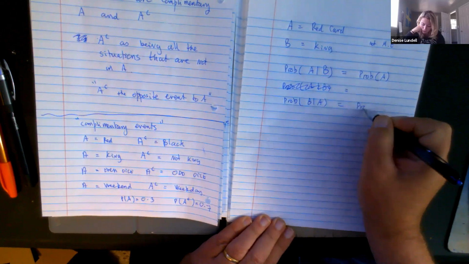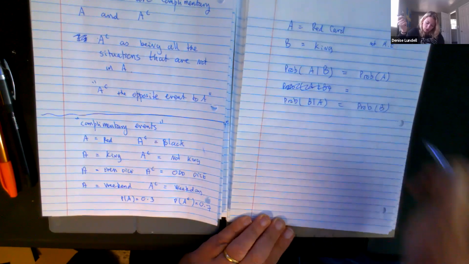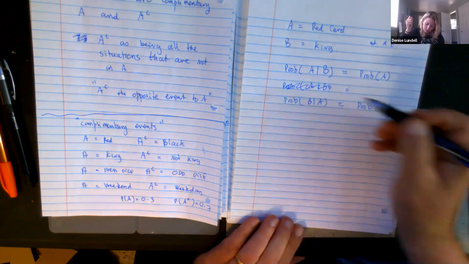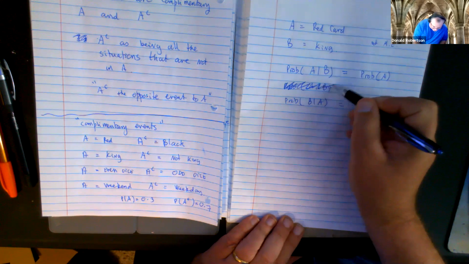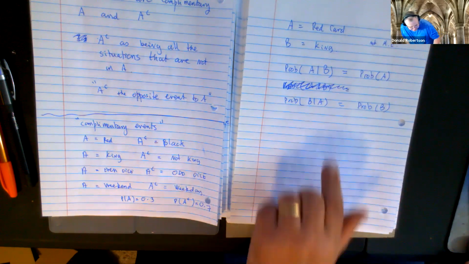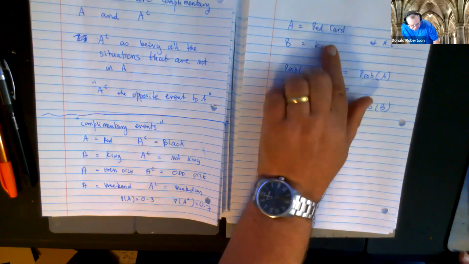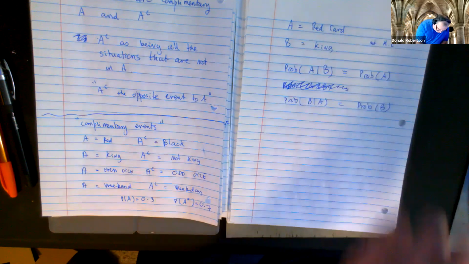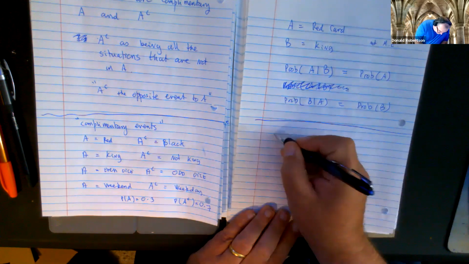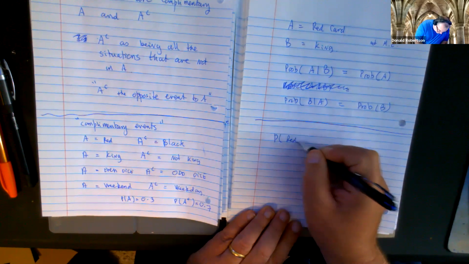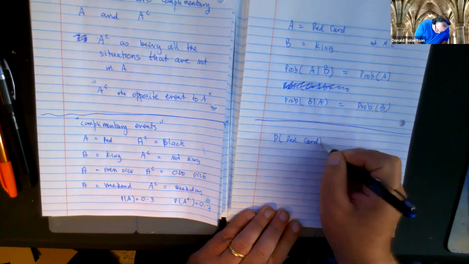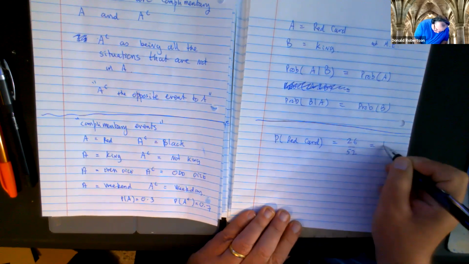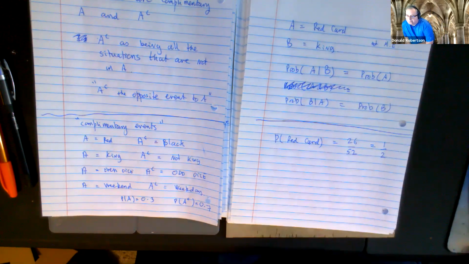Is it because one of the cards could also be black and not be red? The independence is coming from the fact that, let's look at it slowly. The probability that I get a red card, well, there are 26 red out of 52. So the chances of that happening are half the time, right?